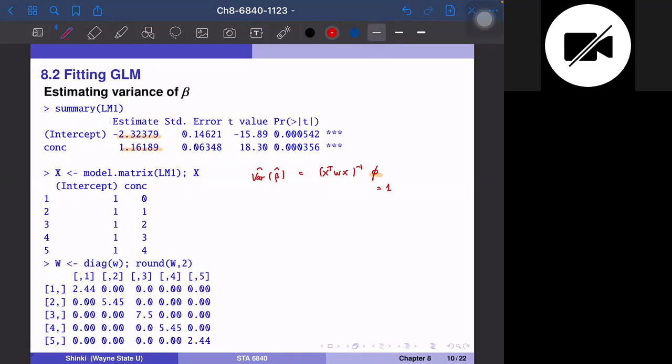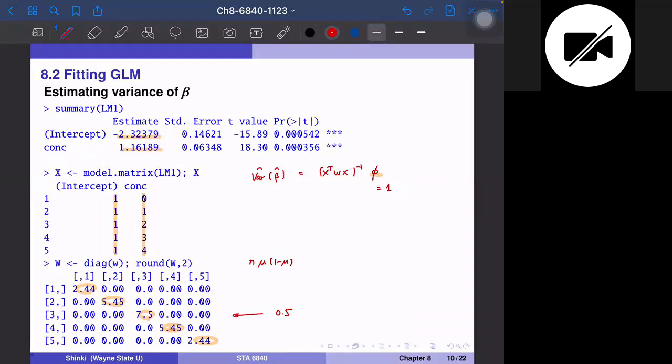So X is just the model matrix. The first column is the intercept, and the second column is the concentration. And the weight matrix is here. The weight matrix is obtained by the formula on the previous page, n times mu times 1 minus mu. Remember that for the third observation we have a sample proportion of 0.5, so its weight becomes highest.